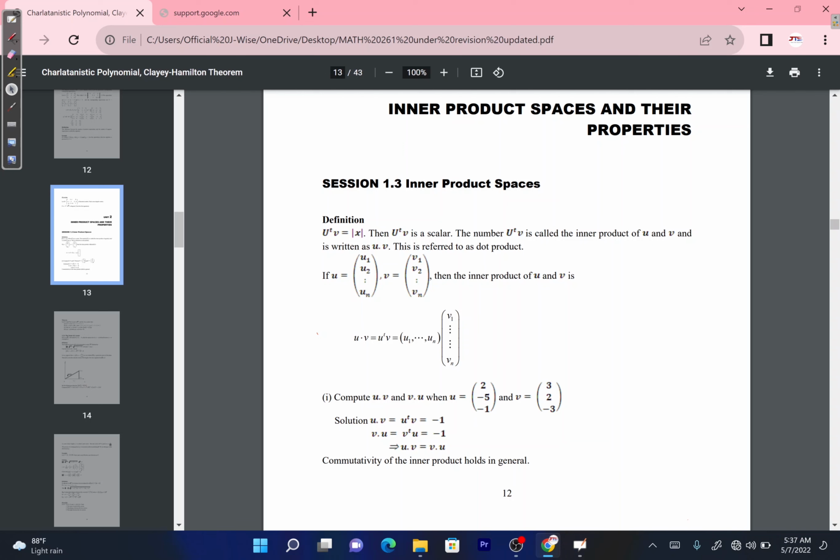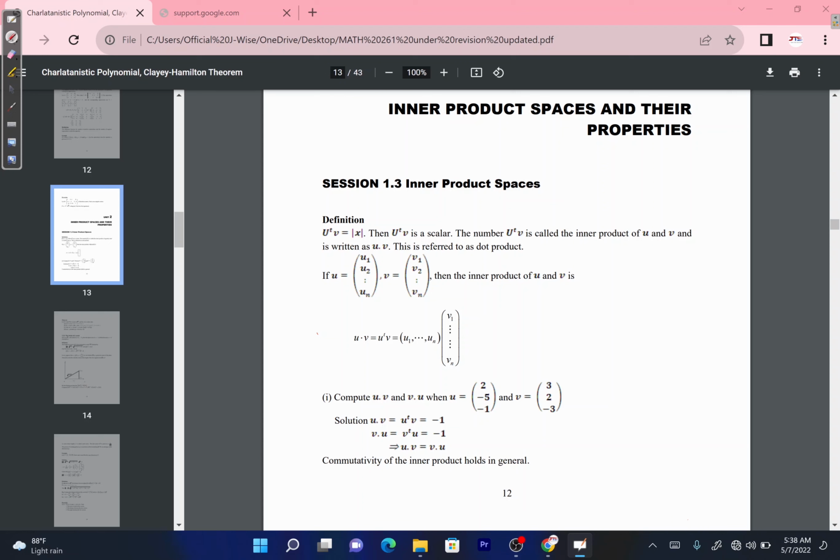In this lesson we talk about inner product spaces and their properties. Let's choose any two vectors u and v such that these two vectors have a finite number of elements in them.